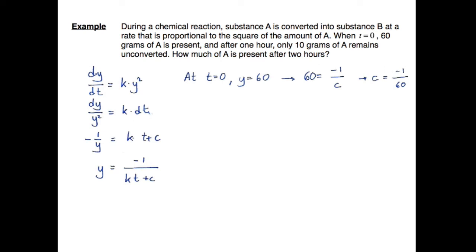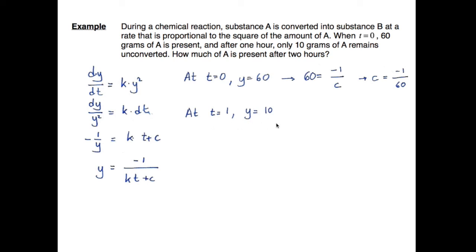That's great. We managed to find one of the unknowns immediately. In some cases we would have had two equations with two unknowns and we would have had to solve them together. Here, nothing of that. We can find one unknown right away, and we are going to use it to find the other one. So at t equals 1, y equals 10.